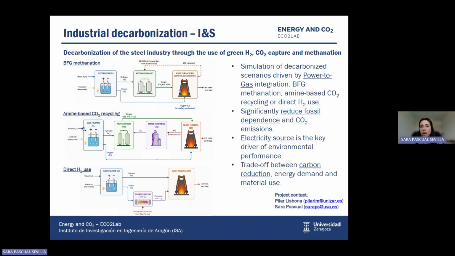The second is CO2 recycle based on the amine scrubbing process to produce synthetic methane to meet the hot metal production thermal requirements, also using hydrogen from the electrolysis process. And the last one is the direct blast furnace gas methanation.